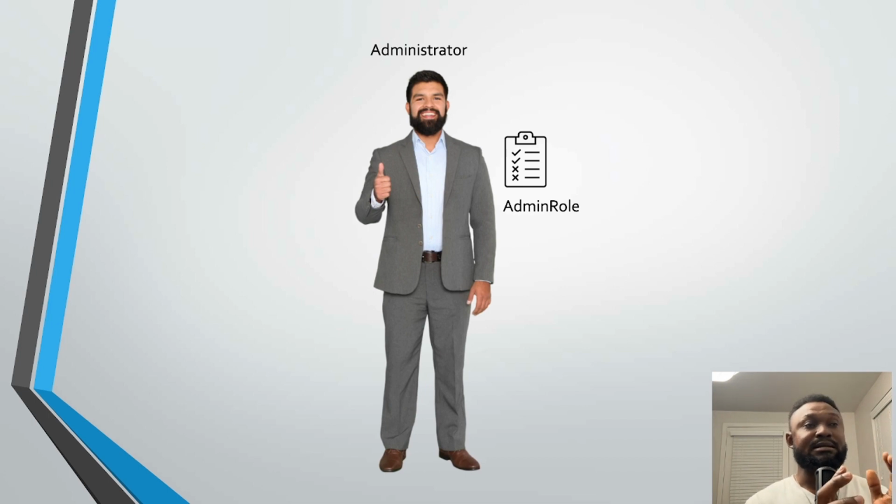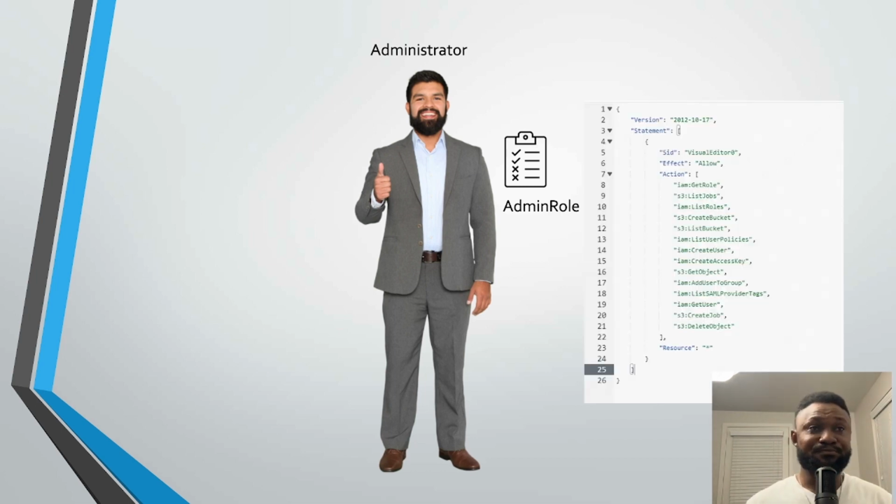Now, the policy that we create would define what this person can do on AWS. So, for example, I created this policy, and when you look at this policy very well, it says that this administrator, let me call this guy James.